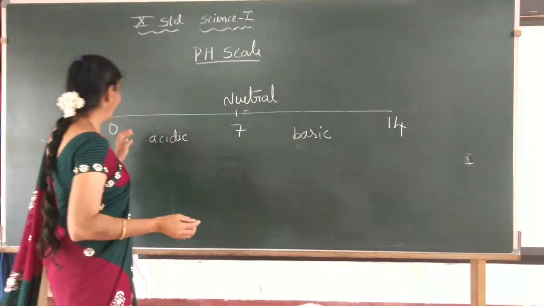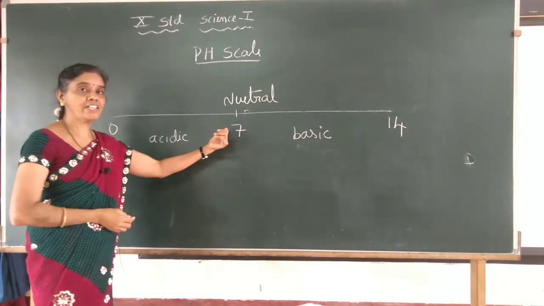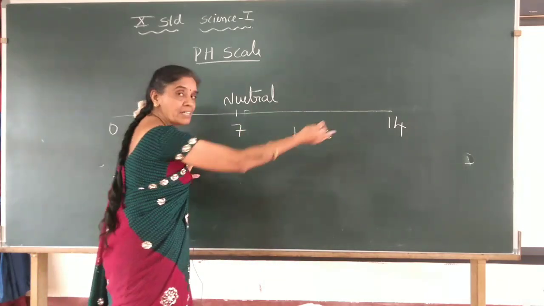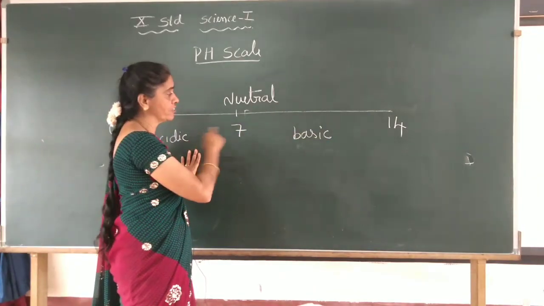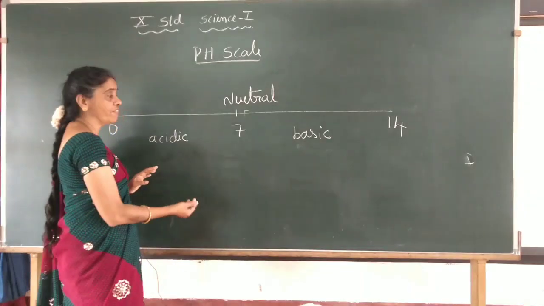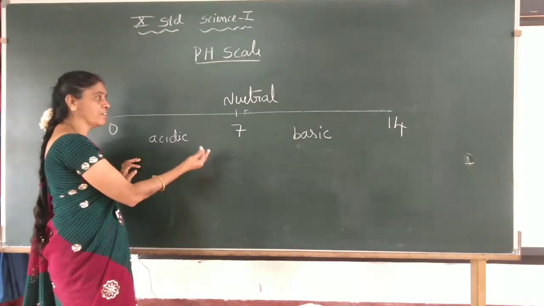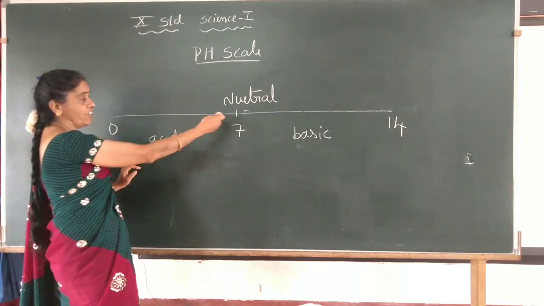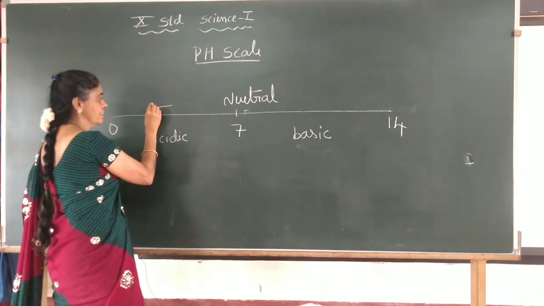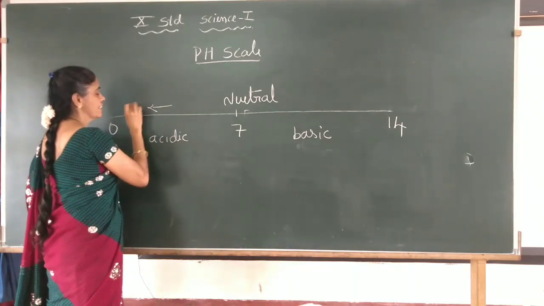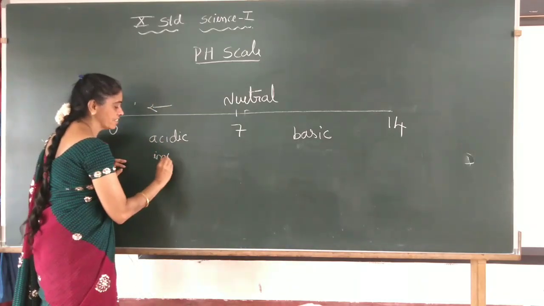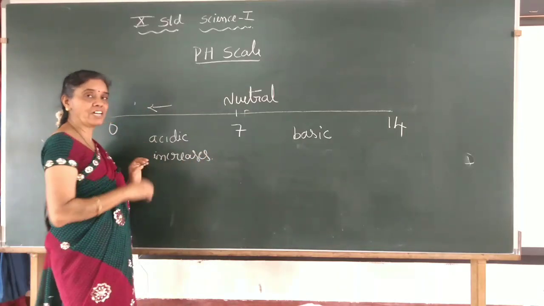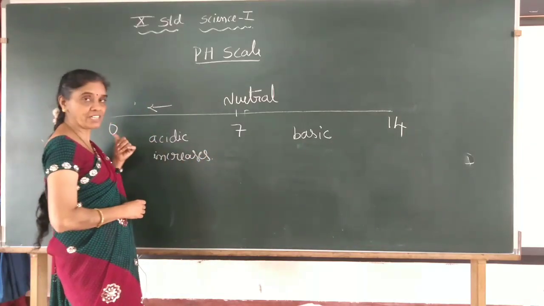In other words, if you move towards the bigger numbers of the pH scale, the strength of hydrogen ion decreases, whereas if you move away from 7 in this direction, the acidic nature increases, or the strength of the hydrogen ion increases.